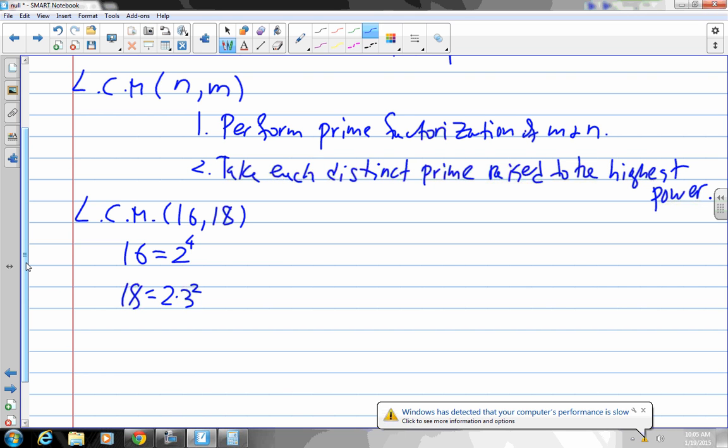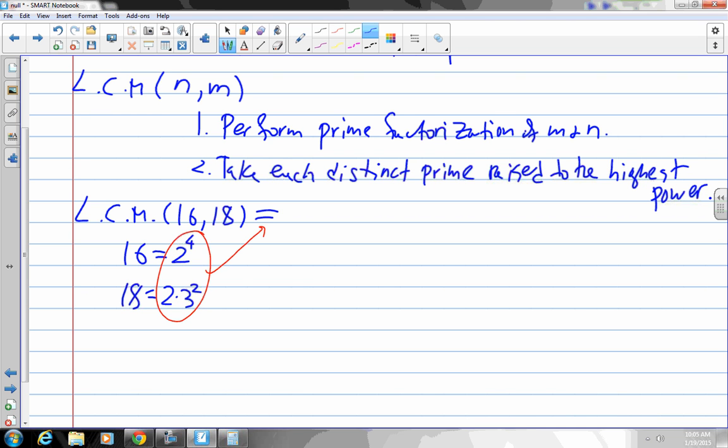Now, the LCM then, using these 2 results, so remember, we need 2, right? 2 is a factor. What is the highest power of 2 that we see? 4, so I need 2 to the power 4.